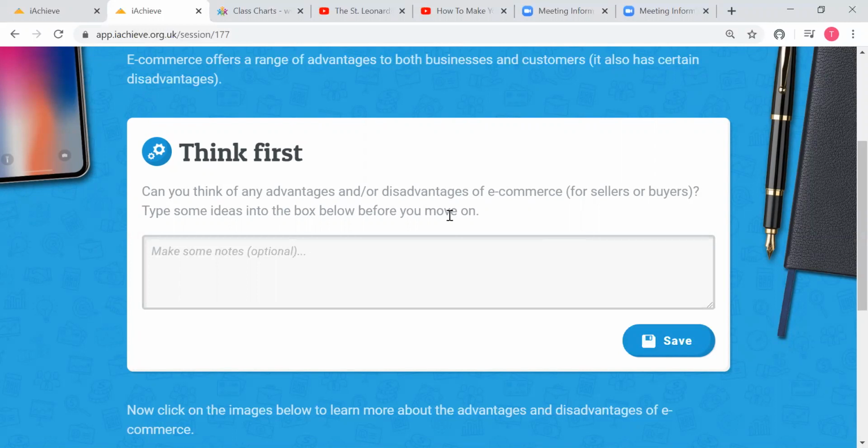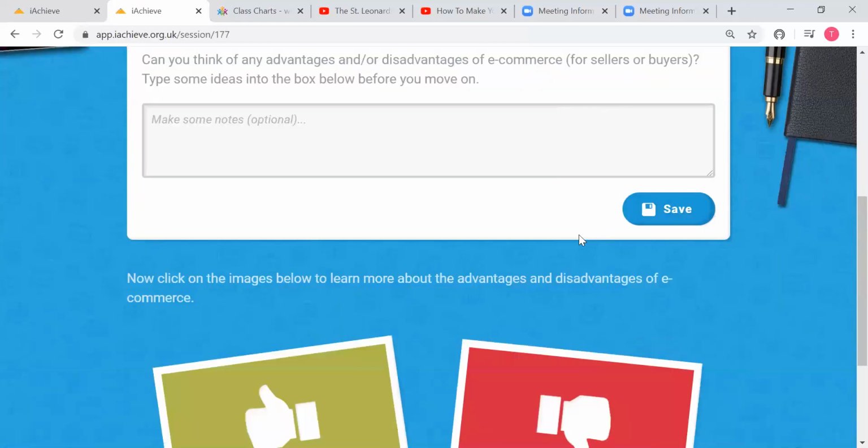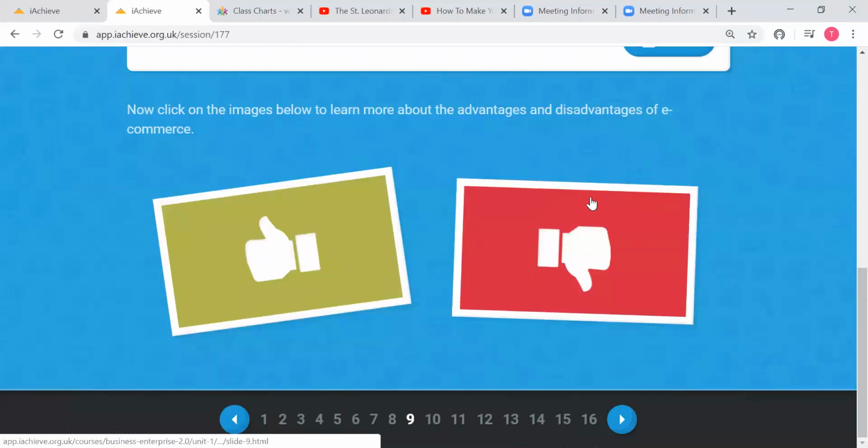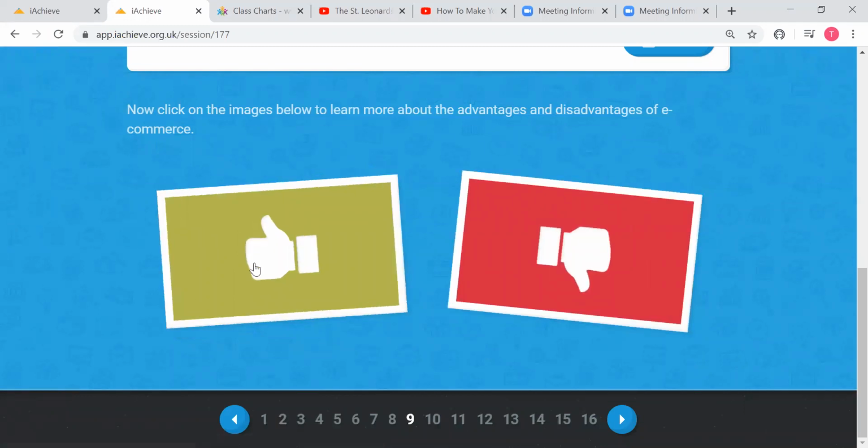I can't take a taste sample of a food that I'm going to buy online. So I have to know that I'm going to like it before I buy it. But likewise, there are lots of advantages to buying online. I can't, in a retail shop, instantly compare all of the prices across the internet for that particular product in a second. And I can do that online. So think about what some of the advantages and disadvantages are, and then click on these icons.